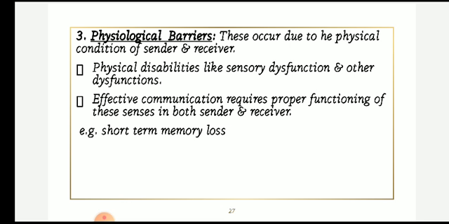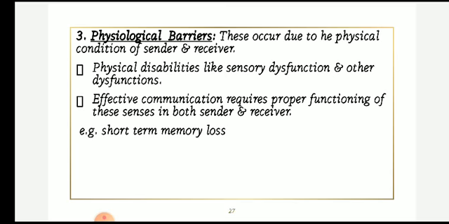The best example of short term memory loss was shown in the movie Ghajini, if you remember. The hero of that movie is shown suffering from this disease, short-term memory loss, and he forgets many things for some time. Due to that reason he doesn't communicate properly, which is said to be a physiological barrier.